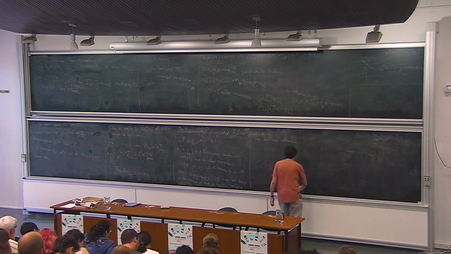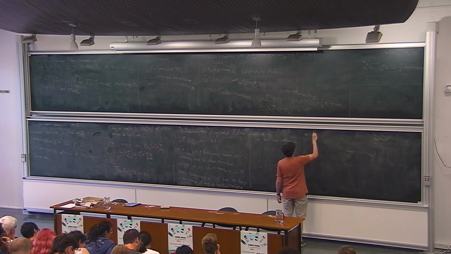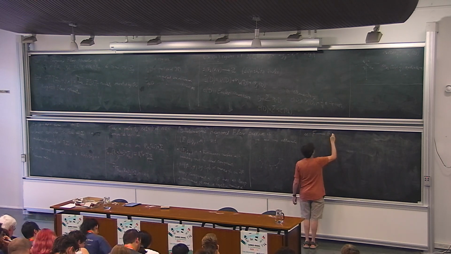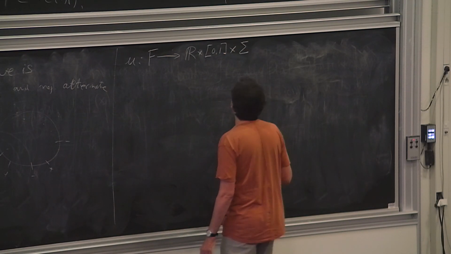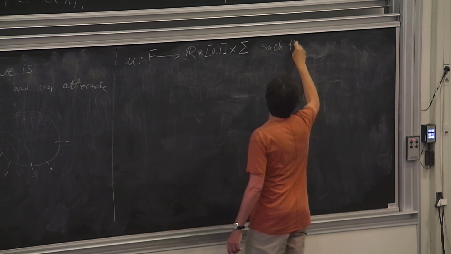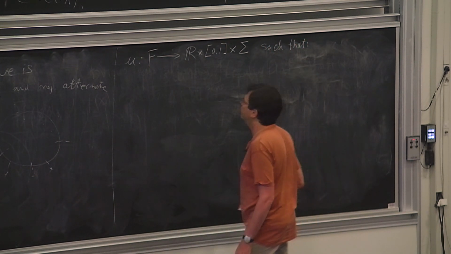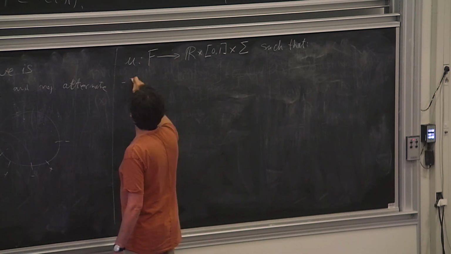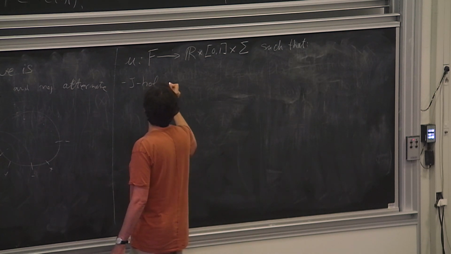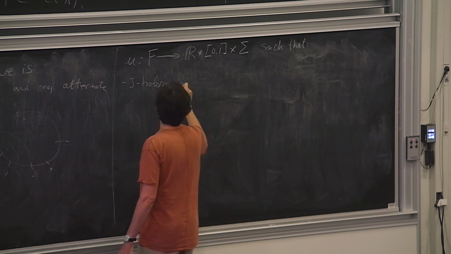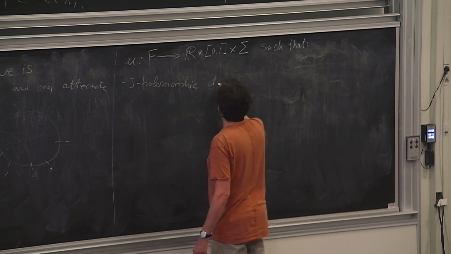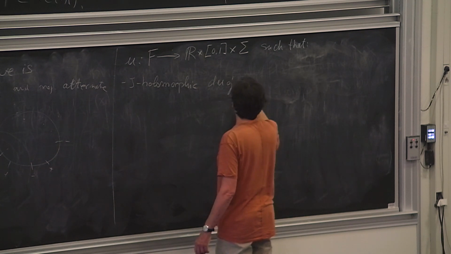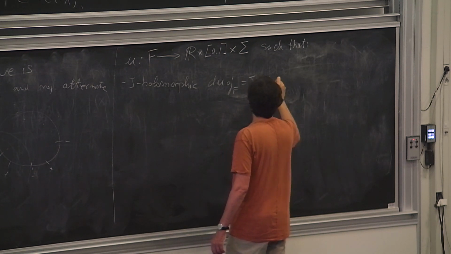Then u is a map from F to R times [0,1] times Sigma, such that it's J-holomorphic, which means that du composed with J_F equals big J composed with du.